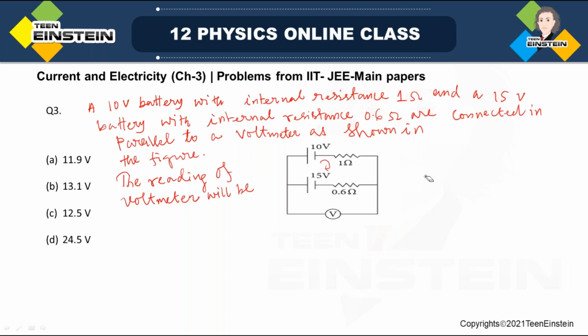I have shown you the loop, that is the only circuit we are considering now. You can just go in this direction. So let us say I, and this is 0.6, so I into 0.6. I is the current, let us say.